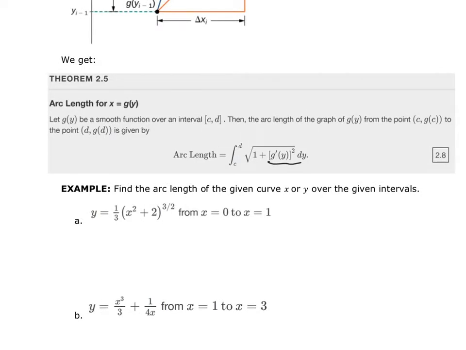So if I'm asked to find the arc length of this curve, which is 1/3 x squared plus 2 raised to the 3/2, and it's given me x's, x equals 0 to x equals 1, so I know it's going to be with respect to x, because it's telling me I'm going from x equals 0 to x equals 1.